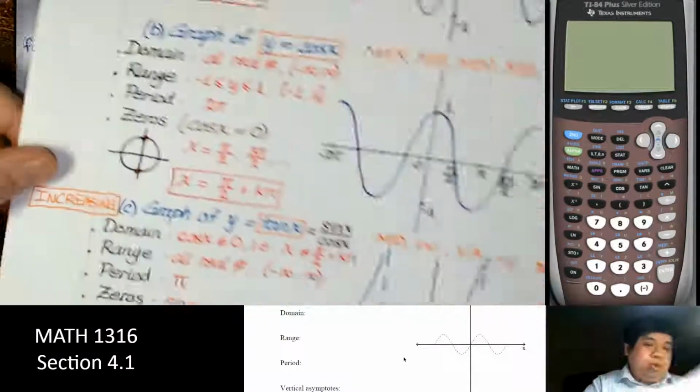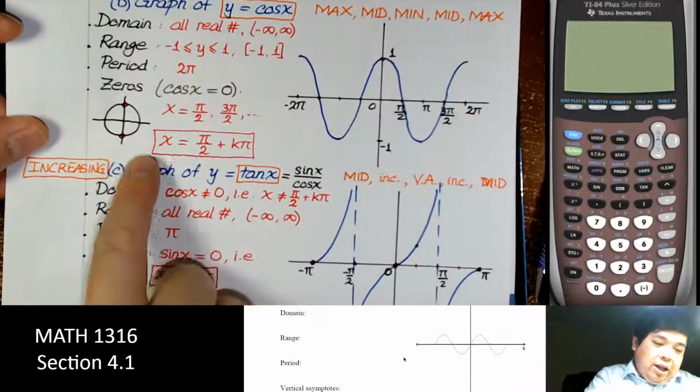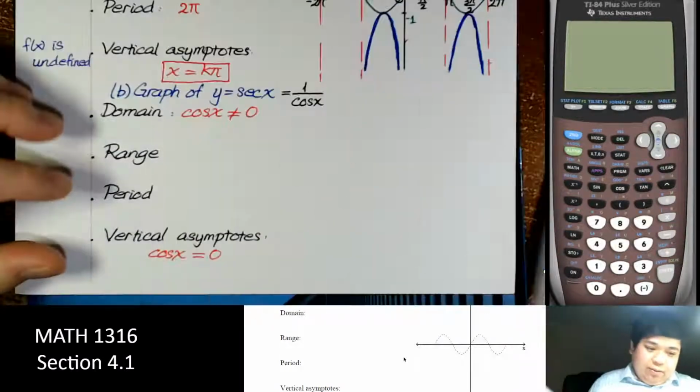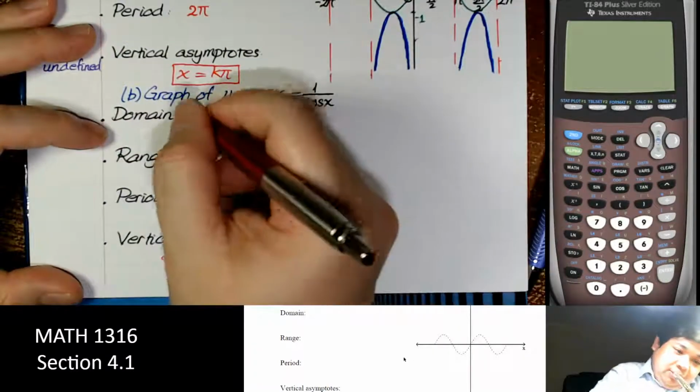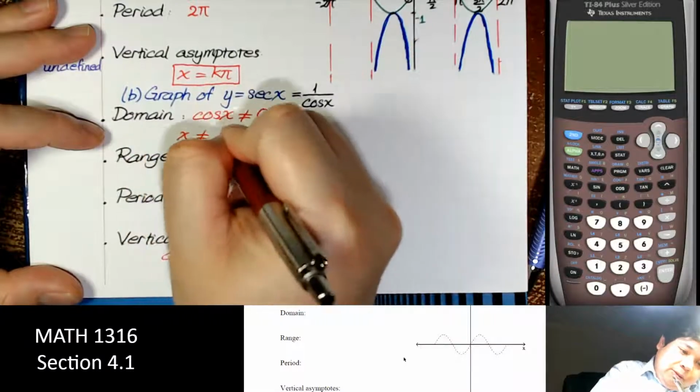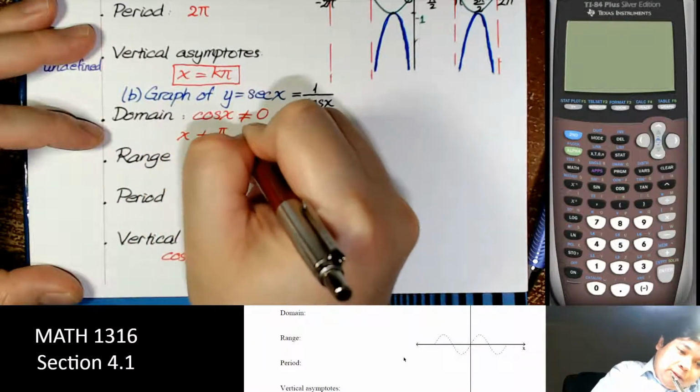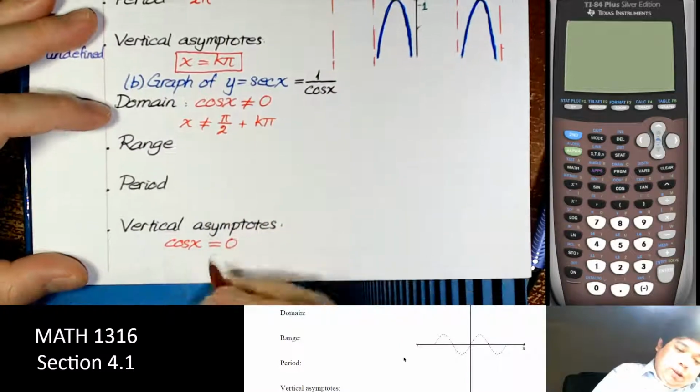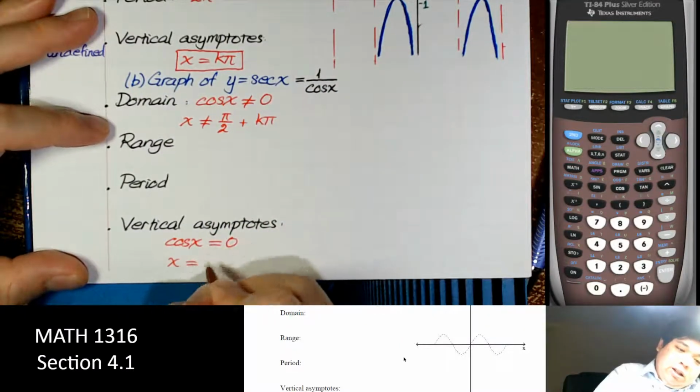And cosine equal to 0 at this point. So they're only different by that.